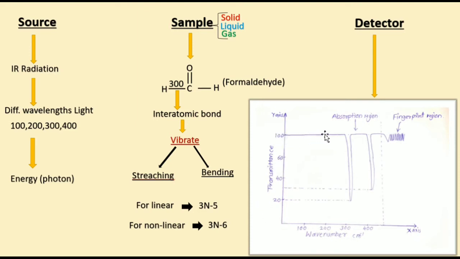You can see this in the graph. The light that does not get absorbed shows as straight lines here on the graph. So these lines are transmitted light which is not absorbed by the sample molecule. This is our first point.